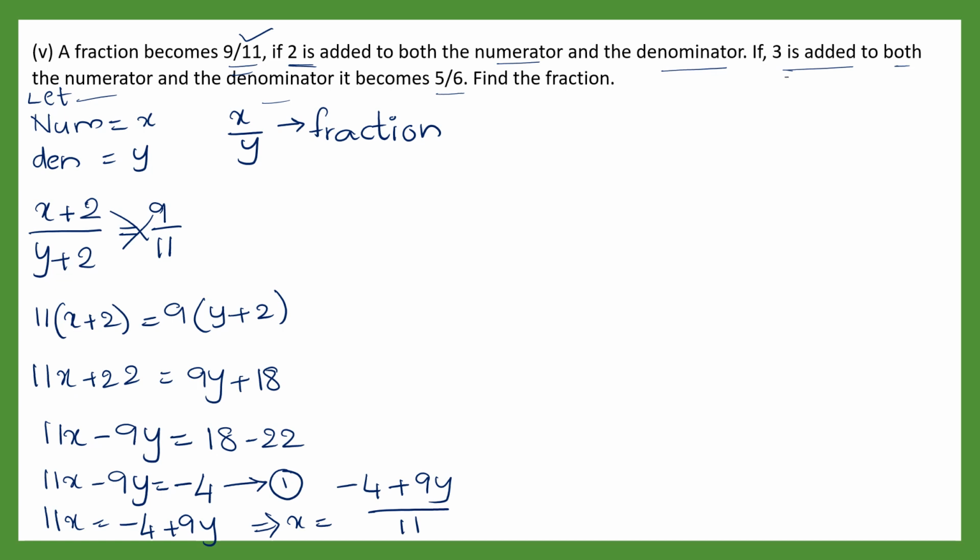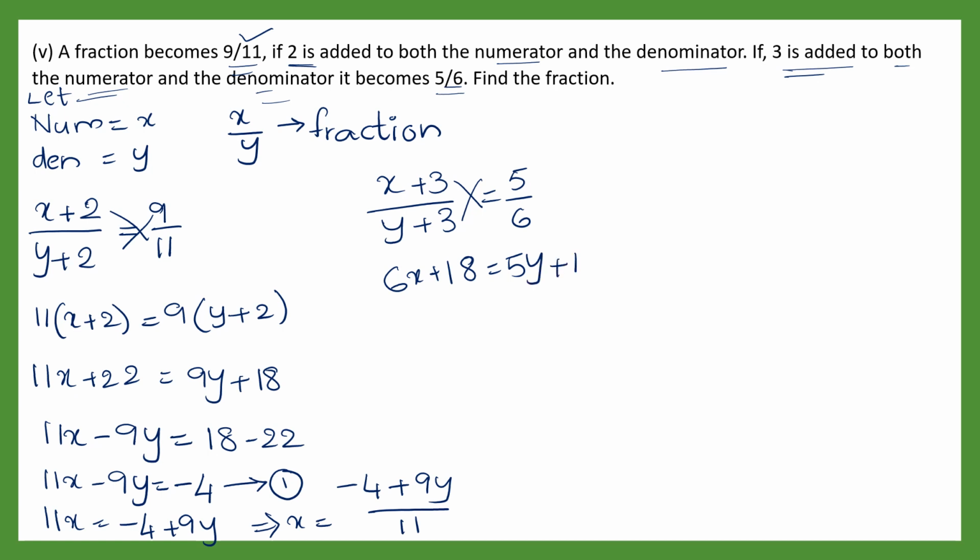Now the second part of the question: if 3 is added to both numerator and denominator, the fraction will become 5 by 6. For numerator, if you add 3, it will become x plus 3. For denominator, it will become y plus 3. Let's do cross multiplication. 6 into x plus 6 into 3, 18, is equal to 5 into y plus 3, 5y plus 15.